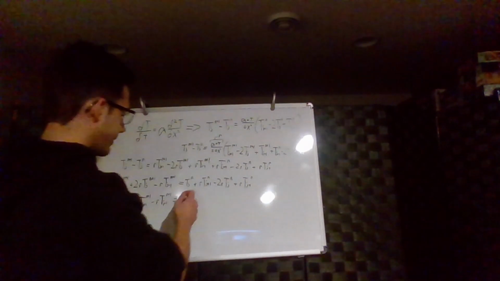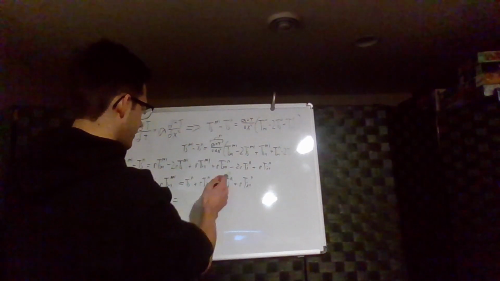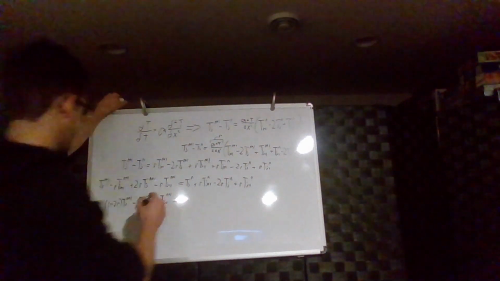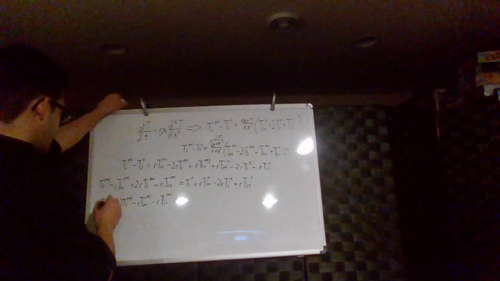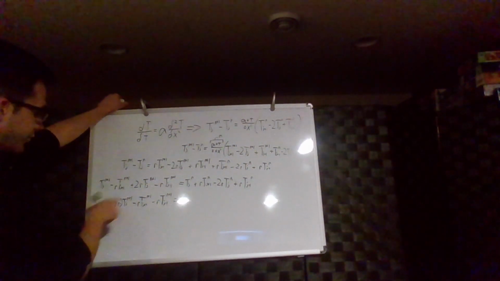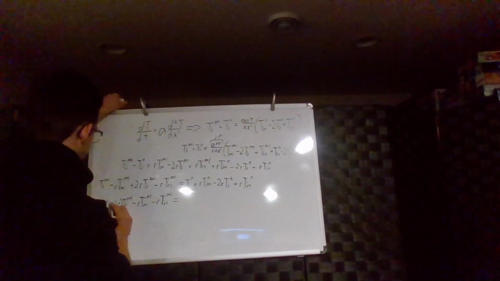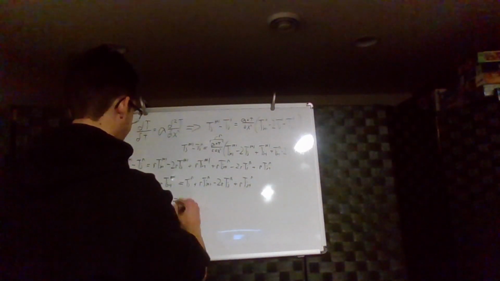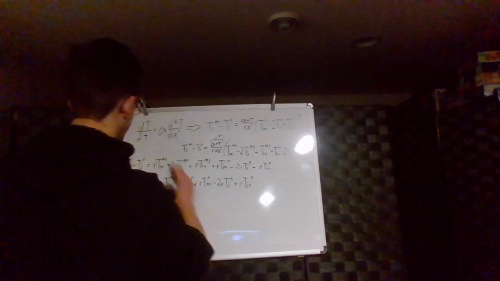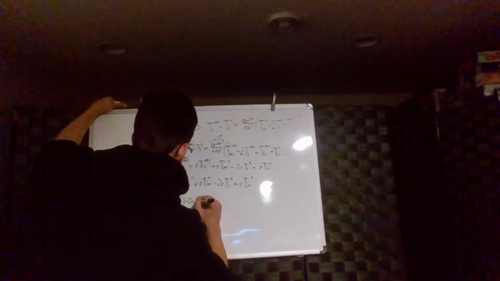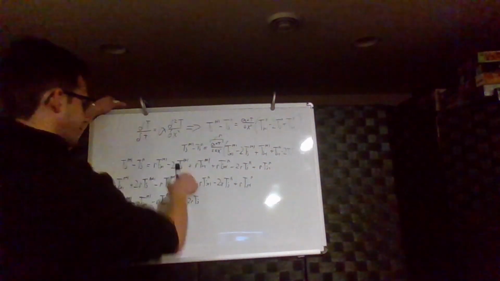Can we do the same thing over here? I see a tj to n, I see tj to the n, so that would be, I'm sorry, this is supposed to be plus 2 actually. I'm looking at it. Yeah, because we're adding this to this, this should be plus 2. Right? And over here, we're subtracting it, so this would be 1 minus 2r times tj to the n this time.